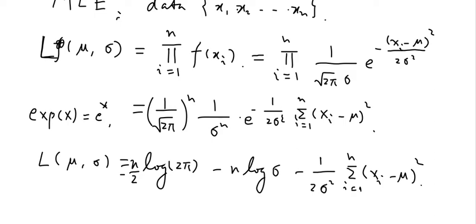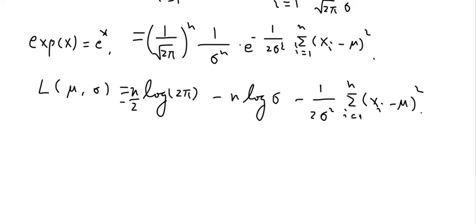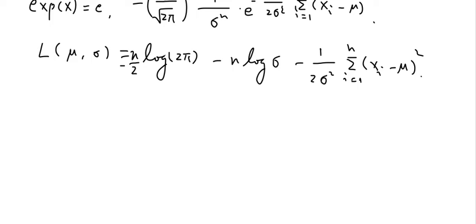Okay, so we want to find the mu and sigma that make the derivative equal 0. Here we have two variables, so we should use partial derivatives. Partial L over partial mu: here we take the derivative about mu, so we regard sigma as a constant. The first term is constant, so its derivative is 0.